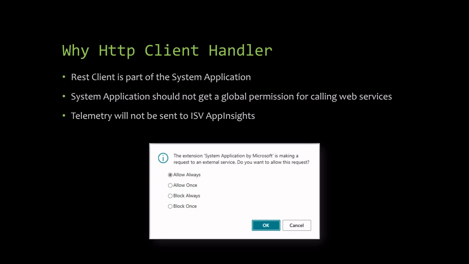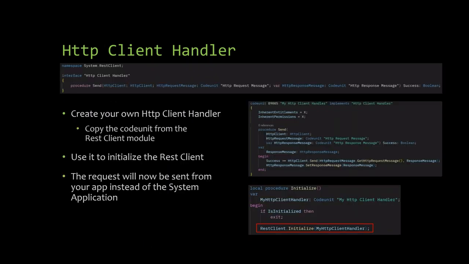And you want to catch that yourself in your own app telemetry endpoint, so your own app insights endpoint. So there are actually 2 reasons here to think about a solution to reroute the real outgoing request to your app. And that is where the HTTP client handler comes in.